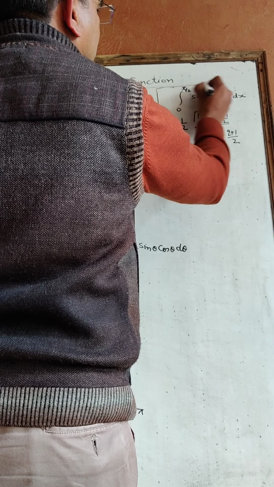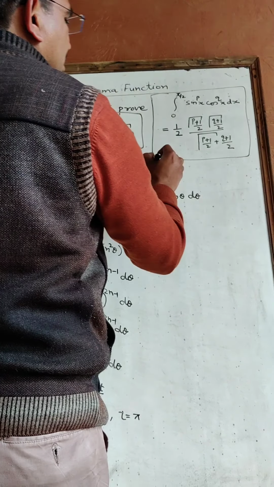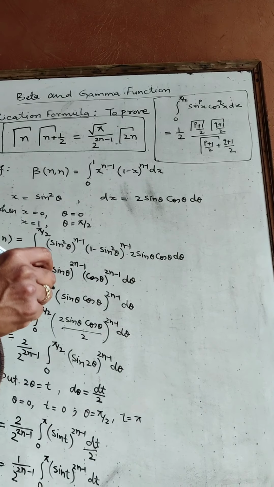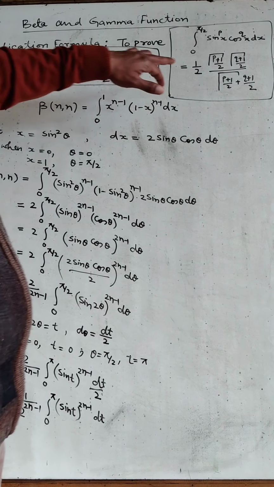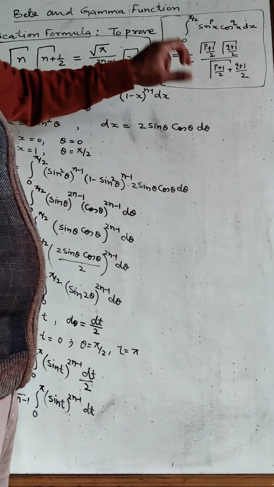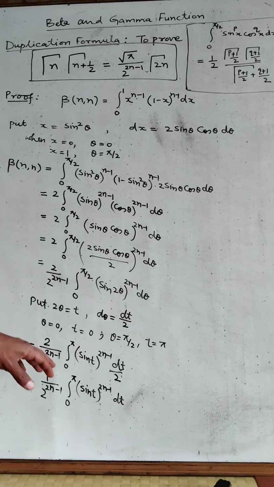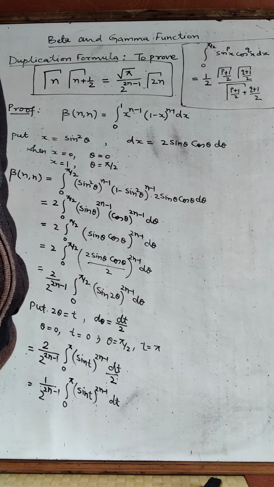So students, keep this result in mind. We have proved this result in our earlier section. So always keep this result in mind, as we are just trying to convert it into this form.